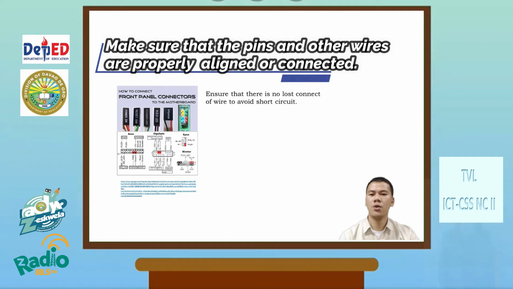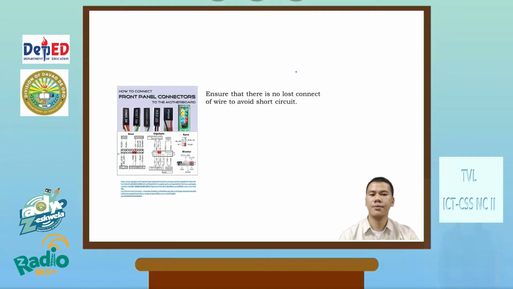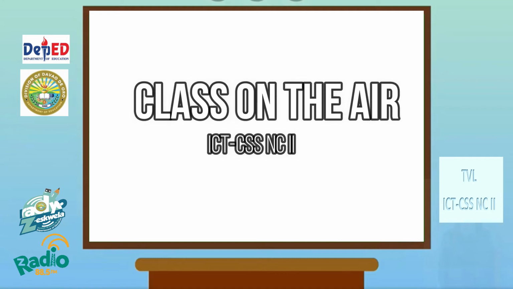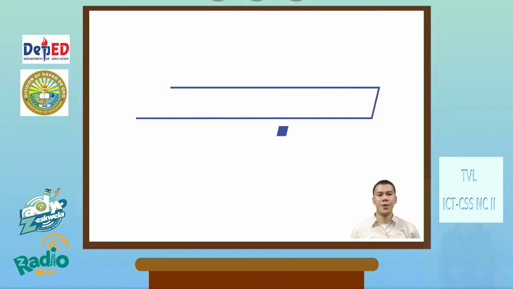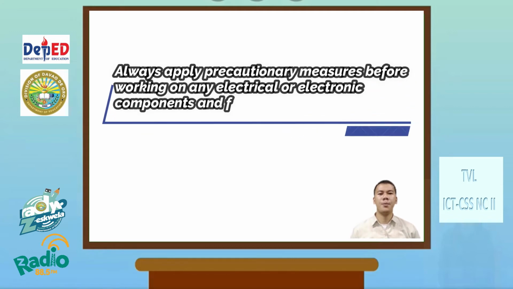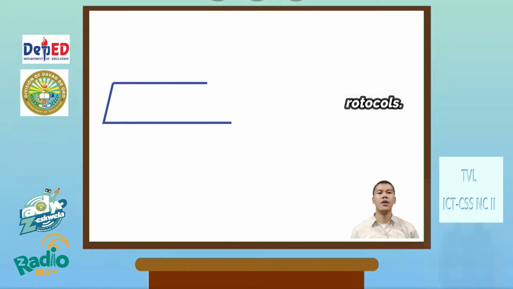Ensure that there is no loose contact of wires to avoid short circuit. So, remember, always apply precautionary measures before working on any electrical or electronic components and follow the safety protocols.